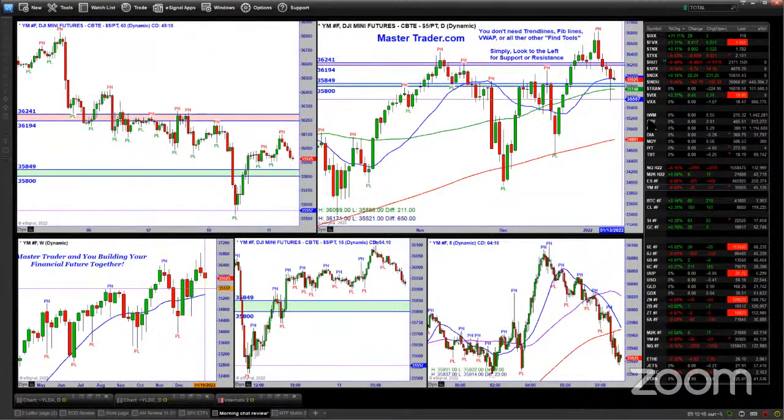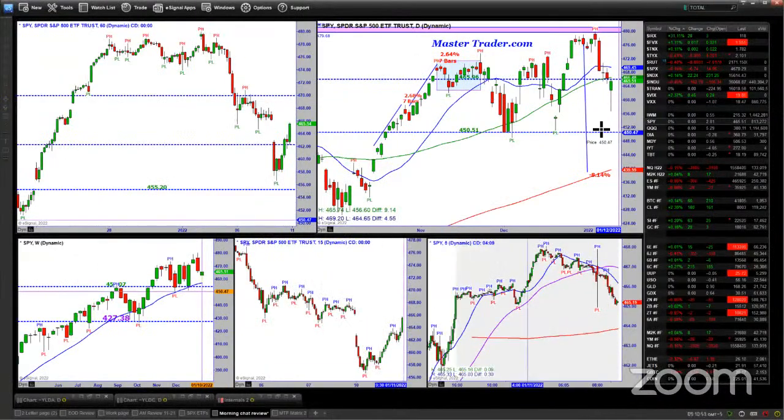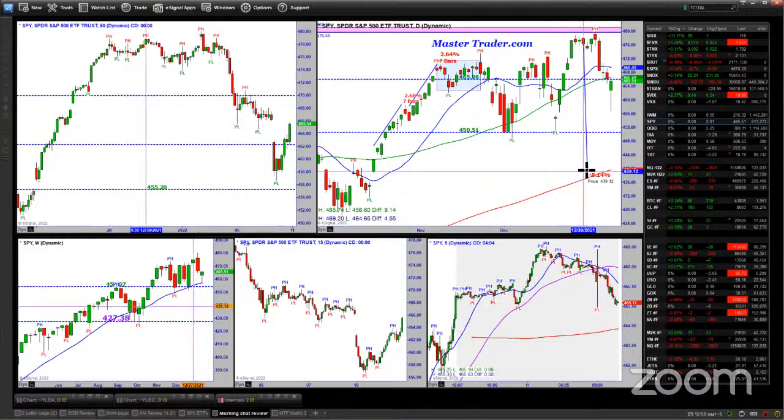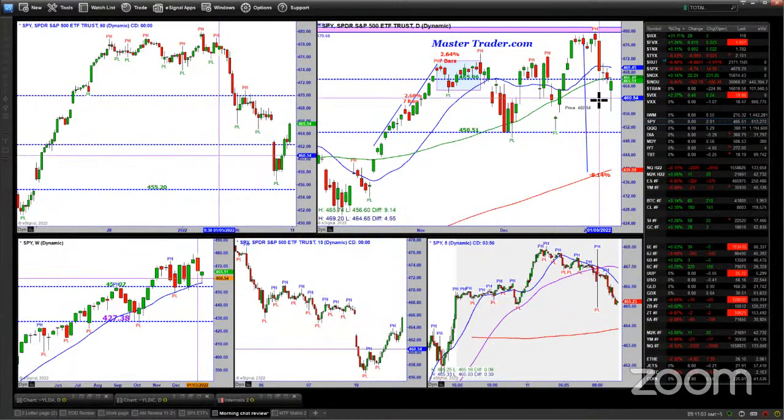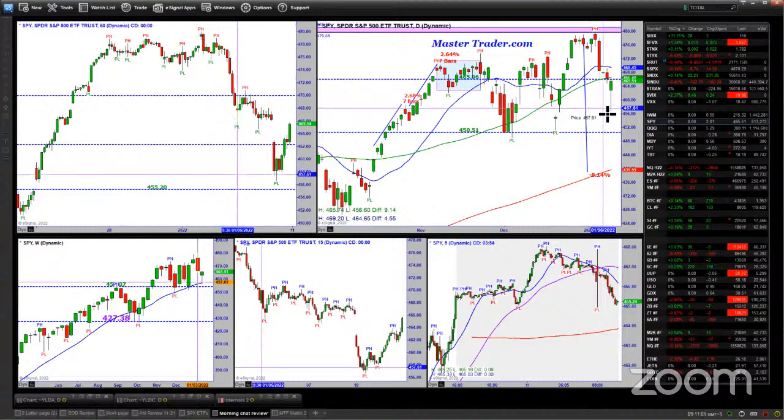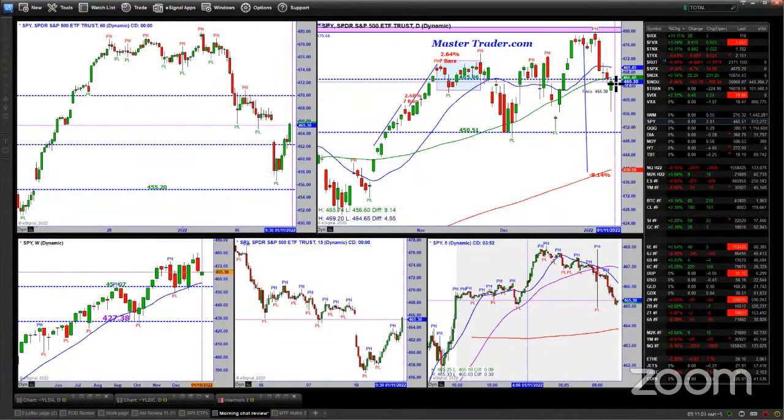Buck wants to look at the spiders, which we talked about, if it was to get down to the 200, what the percentage correction would be. And so the move down, the dip, recovery, it's the same story. Is it a dead cat bounce?